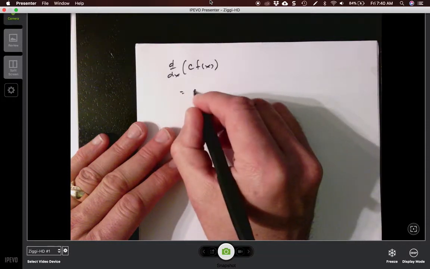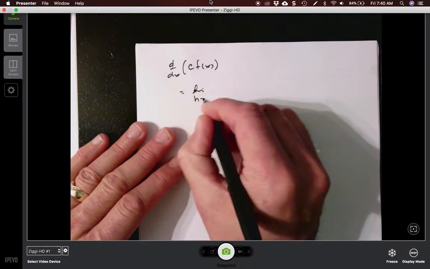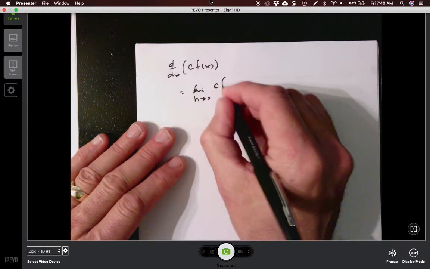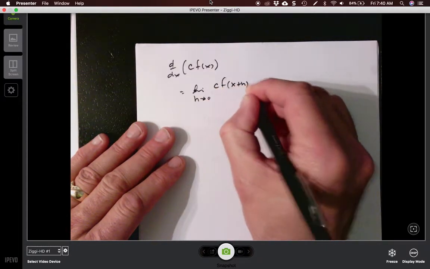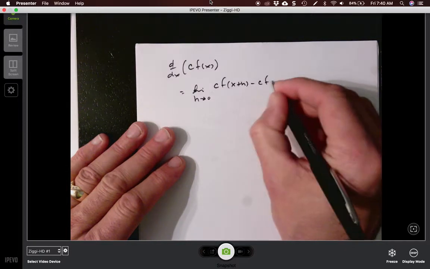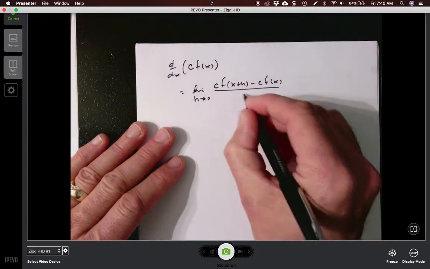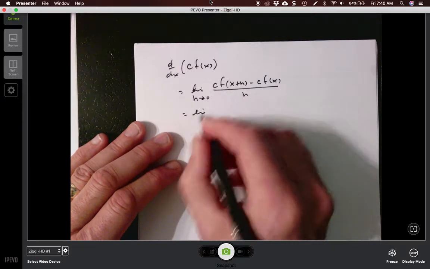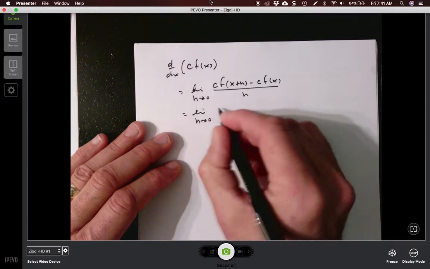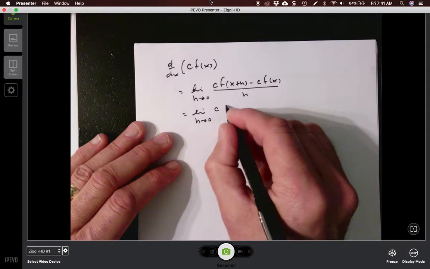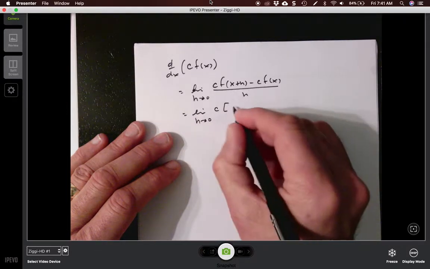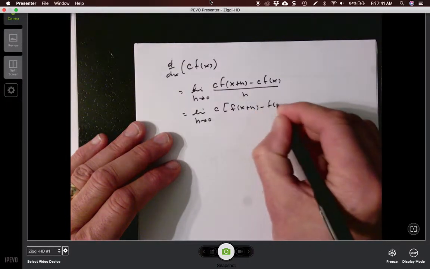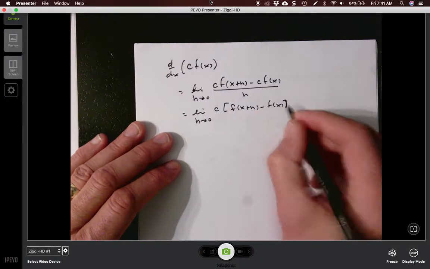The definition says take the limit as h approaches 0 of c times f of x plus h minus c times f of x, all divided by h. Well, you can rewrite this as the limit as h goes to 0, factor out a constant, and you're going to be left with, in the numerator, f of x plus h minus f of x, all divided by h.